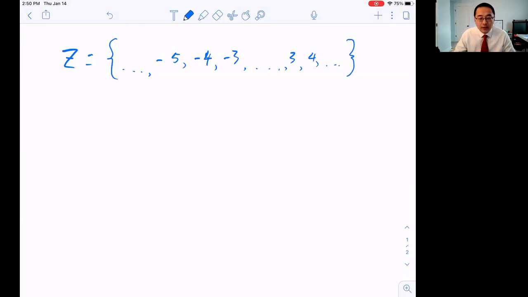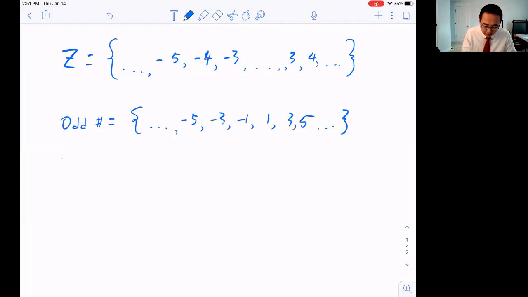Okay. Now, when you have a union of two sets, let's say you have all the odd numbers: dot, dot, dot, then -5, -3, -1, then 1, 3, 5, dot, dot, dot. And then all the even numbers: dot, dot, dot, then -4, -2, 0, 2, 4, dot, dot, dot.